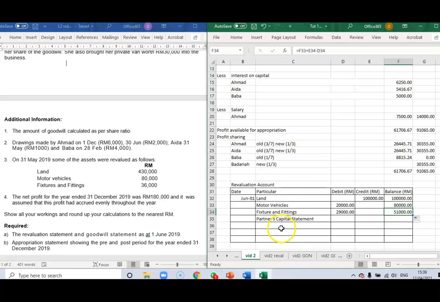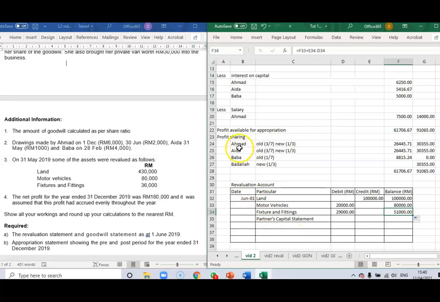So you will transfer, divide the surplus from the revaluation account to the partners that exist, but the partners only for the existing one, not the new one.